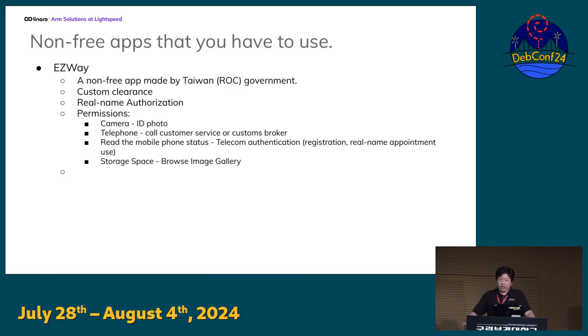The second and third, I think I'm okay too, but the fourth I don't like, because maybe I have some photos that I don't want to show to anyone on earth, but it requests permission to access my image gallery, and I just don't see why it needs to access my image gallery just for customs clearance. So that must be wrong.